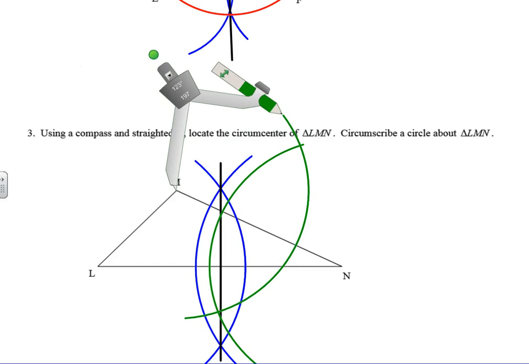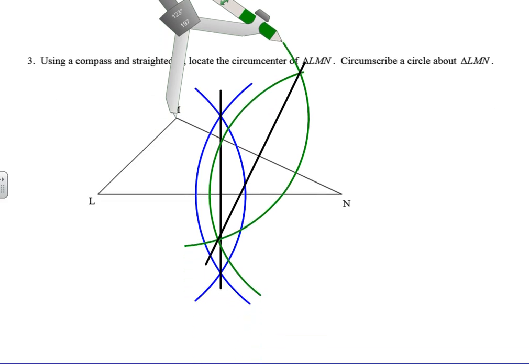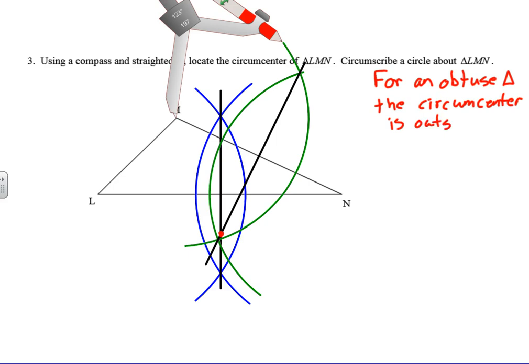All right, now you're going to notice something different on this, and the difference is that the circumcenter is outside of the triangle. Okay, so for an obtuse triangle, the circumcenter is outside the triangle.